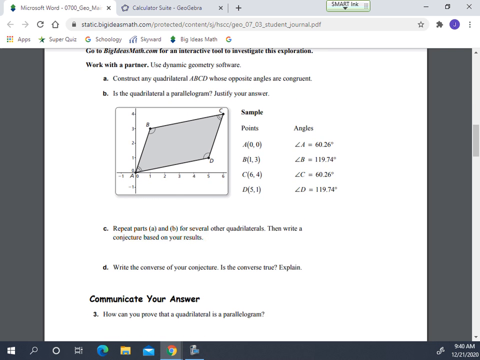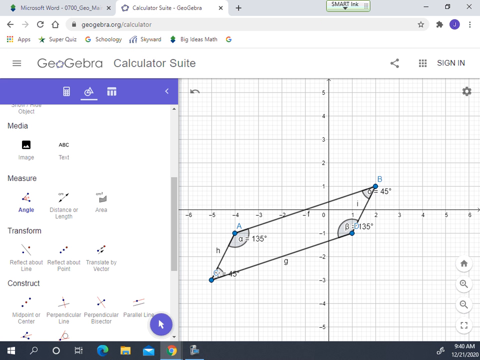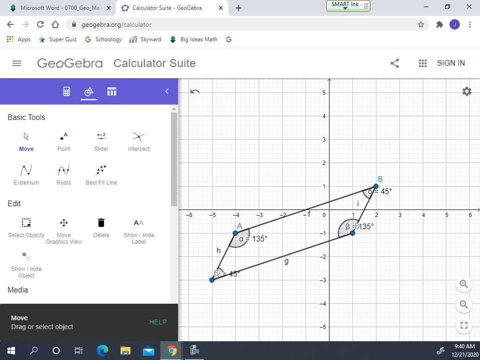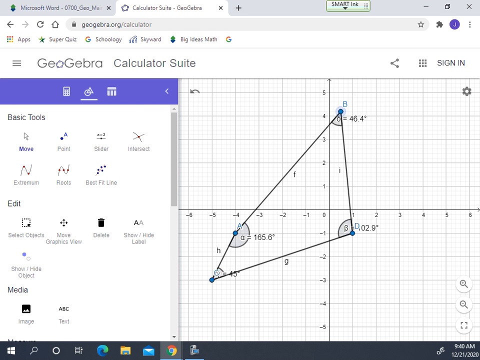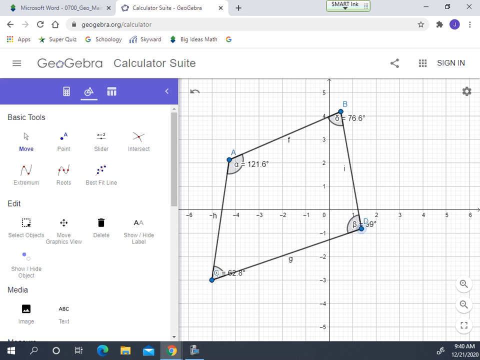Construct any quadrilateral whose opposite angles are congruent. Is the quadrilateral a parallelogram? Okay. So, let's make this, well, you know what? Let's just drag this parallelogram. Let's make it something else here. Okay, opposite angles have to be congruent, right? So if that's 121.6, this has to be 121.6.